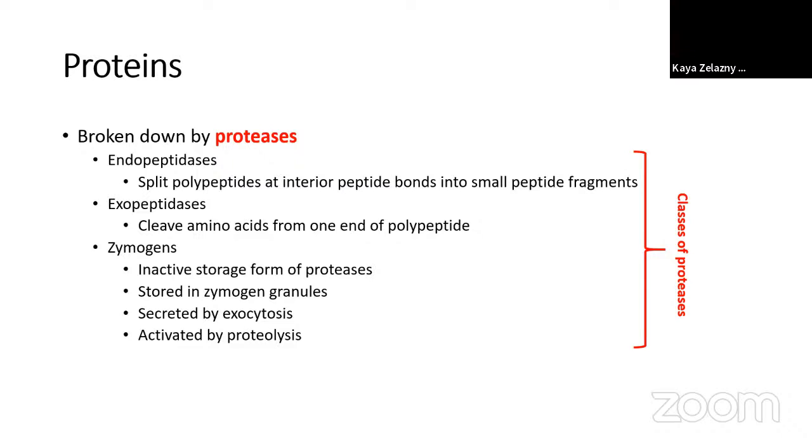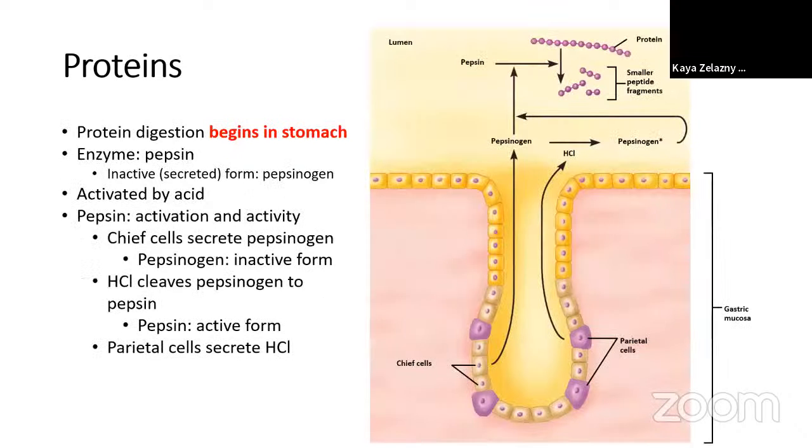We looked at the fact that we have a number of different types of proteases: endopeptidases that break up internal bonds and exopeptidases that take off amino acids from the ends of our polypeptides. Before we end up with an active endopeptidase or exopeptidase, it starts out as an inactive zymogen.